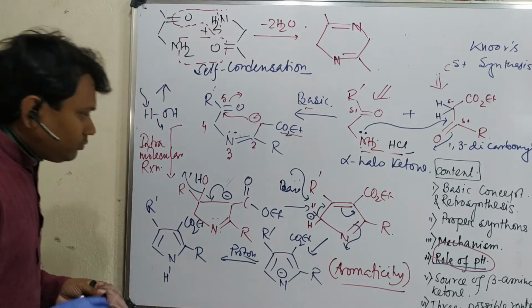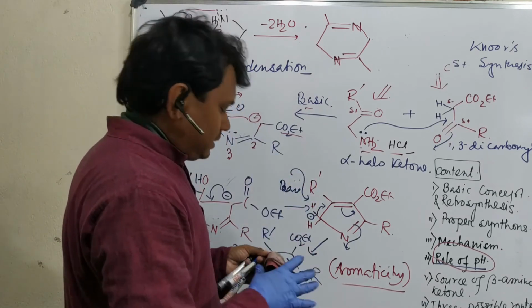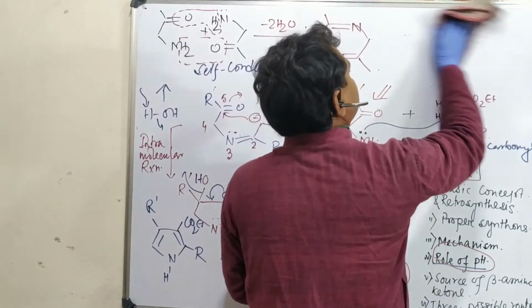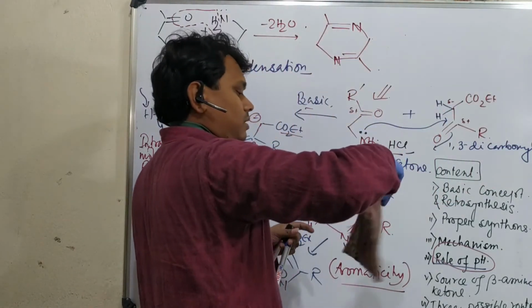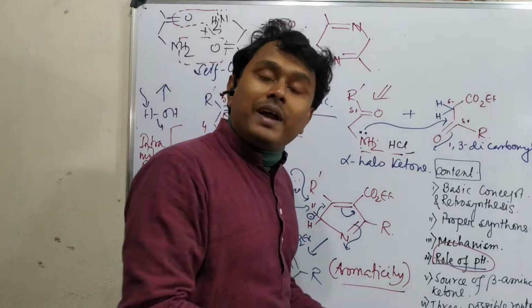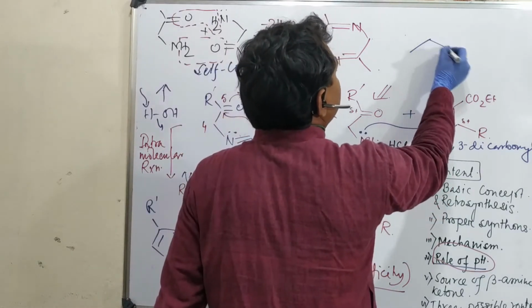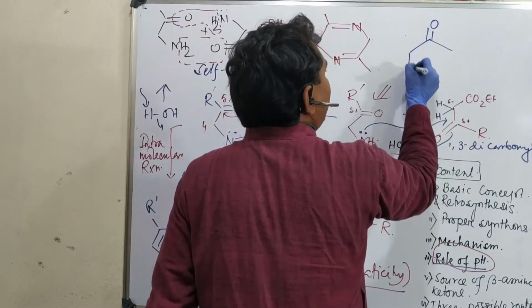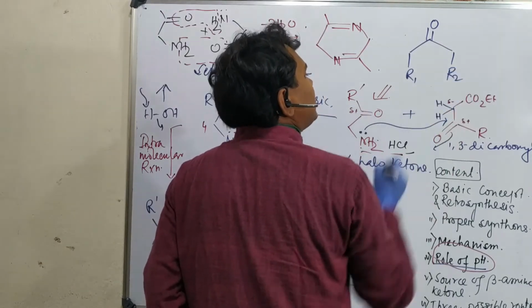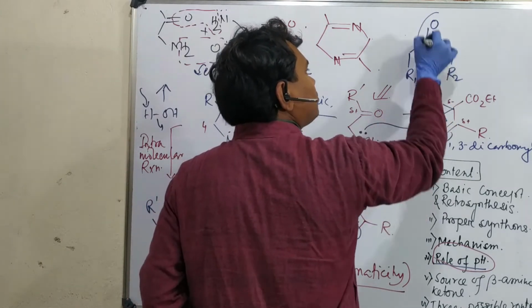Now, okay. And second, what I told, why I have taken an active methylene compound, I told that I'll explain. Now the question is, I have taken active methylene because this provides selectivity. Why? See, if you take two ketones, this R1, this R2, there is a chance that the first reaction will be with this double bond, fine.